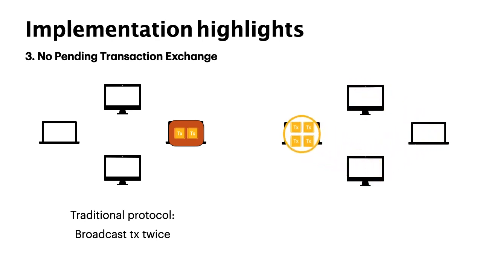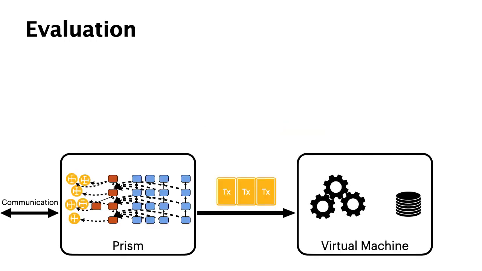And this transaction block is then broadcast throughout the network. The result is that every transaction is only broadcast once. Comparing Prism with traditional consensus protocol, we can see that Prism saves half the bandwidth for broadcasting transactions. Okay, these are the 3 highlights that distinguish Prism from traditional consensus protocols.